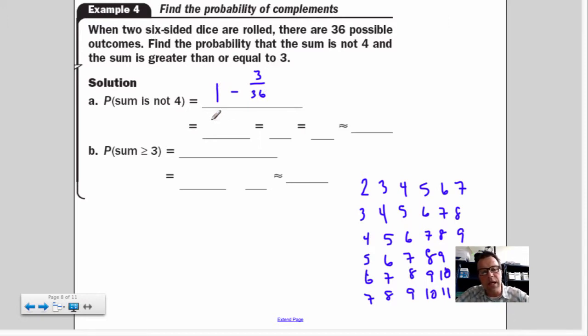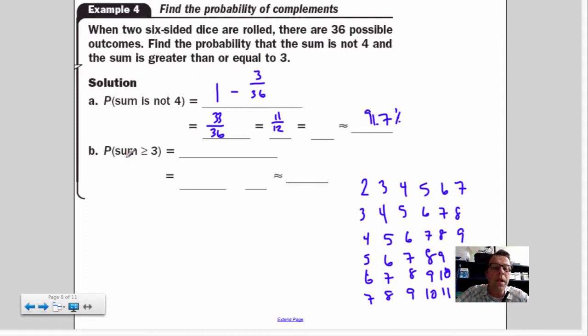Again, nice technique here. This is then 33 over 36, which reduces to 11 over 12, which comes out to 91.7%. So again, nice technique, this 1 minus.